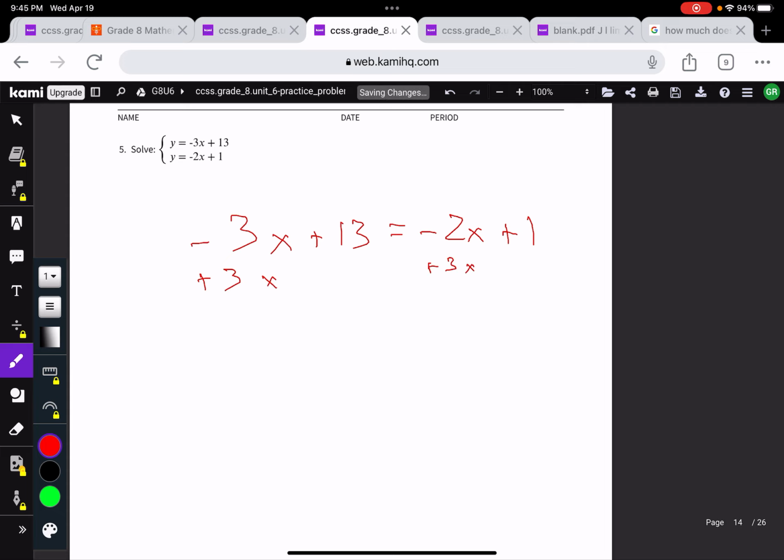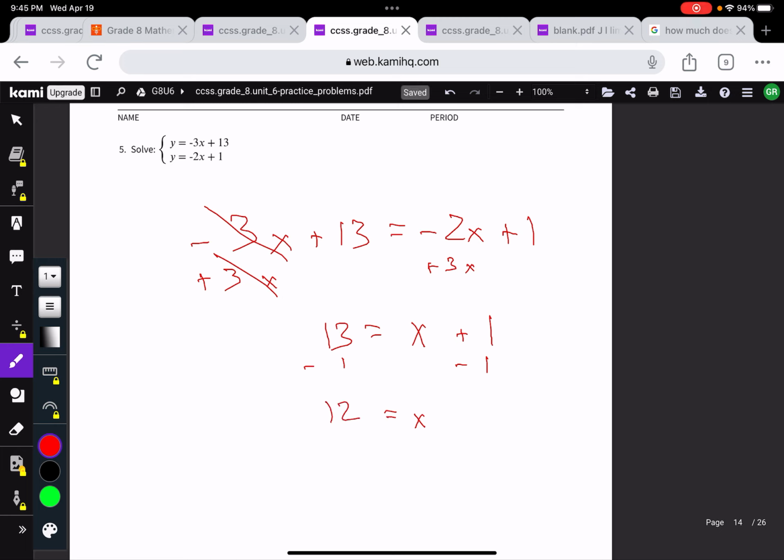Negative 2 plus 3x. Well, these cancel. I'm left with 13 on this side. Negative 2 plus 3 is just 1x, which is great. That's what I want. X plus 1 is 13. Well, that's easy. X is 12. Subtract 1, subtract 1. X equals 12, and I'm done.